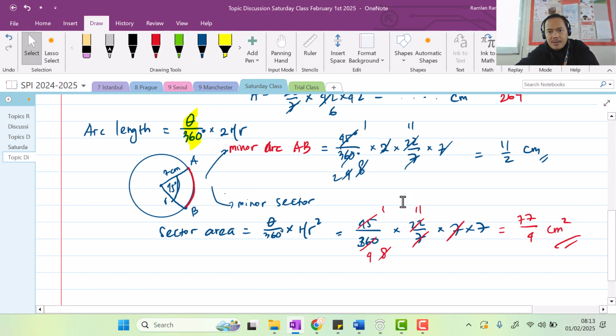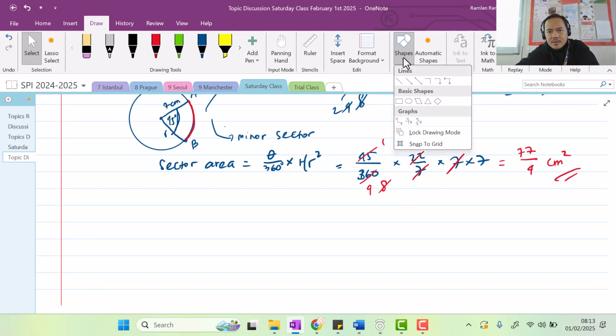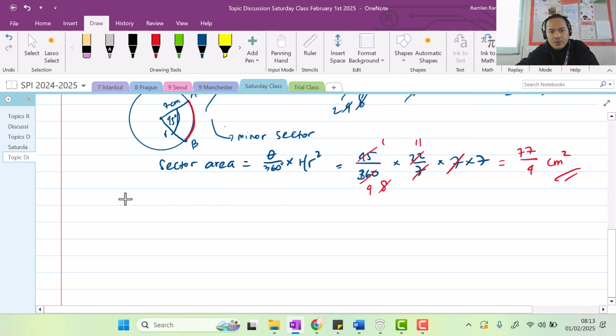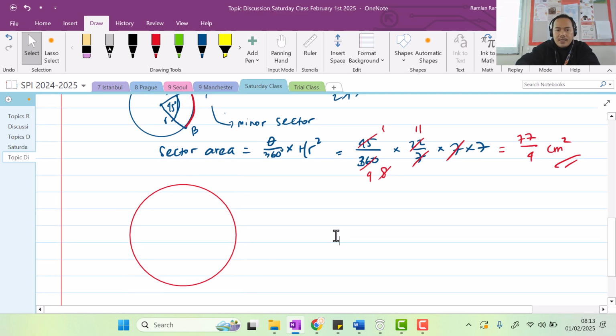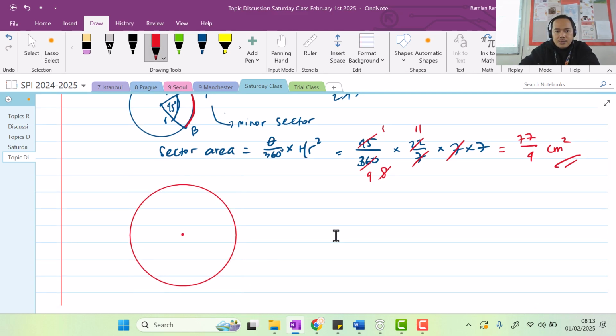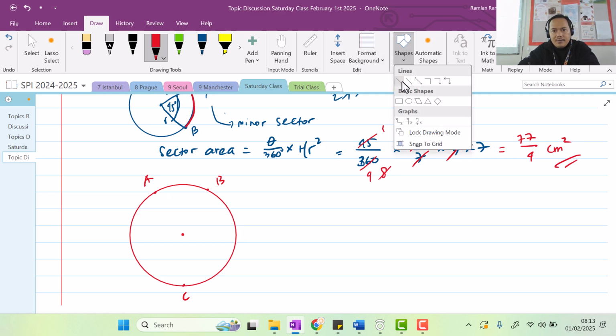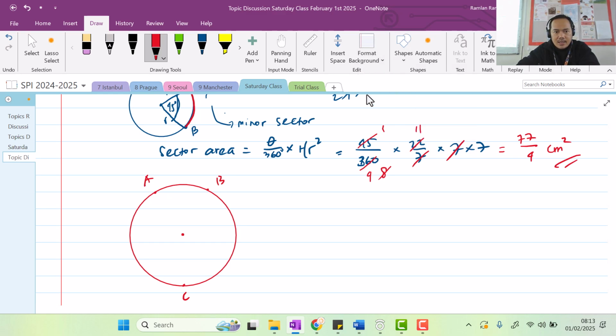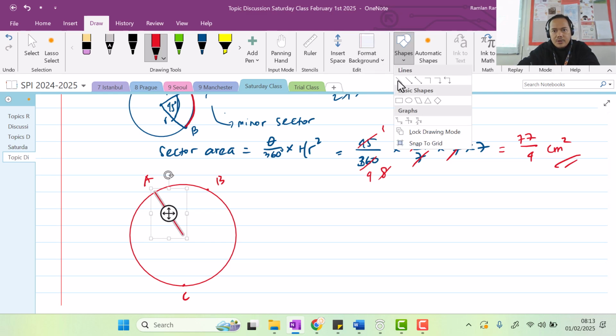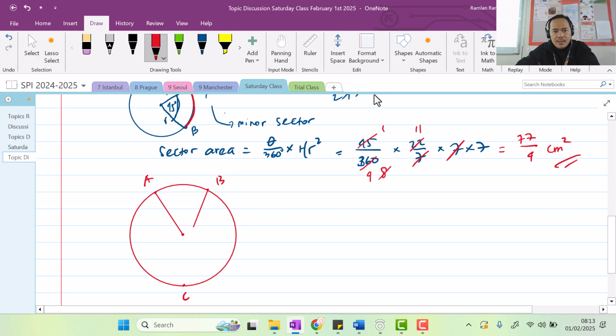Okay, next up is about angles in a circle. So let's go. A couple of theories about the angle in a circle. Let's say I have the circle here and I have a center point over here. Let's say I have point A over here and point B over here, and then I have another point over here. Now, I'm going to drag a radius from A to the center point of the circle, and also from B, right?